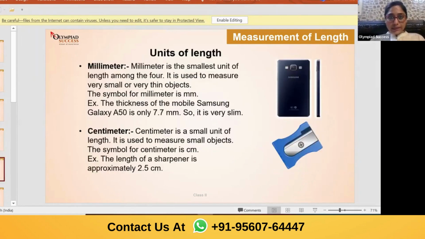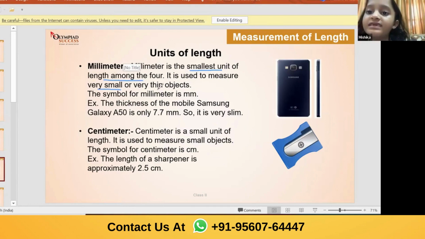Mishika, kindly read what is millimeter. Millimeter is the smallest unit of length among the four. It is used to measure very small or very thin objects.